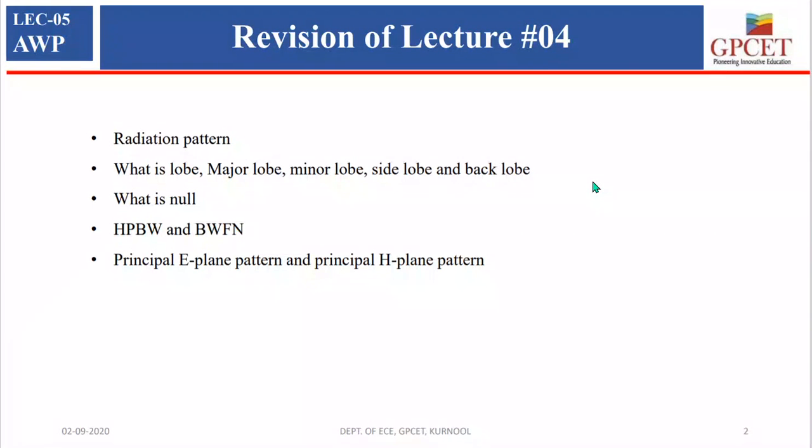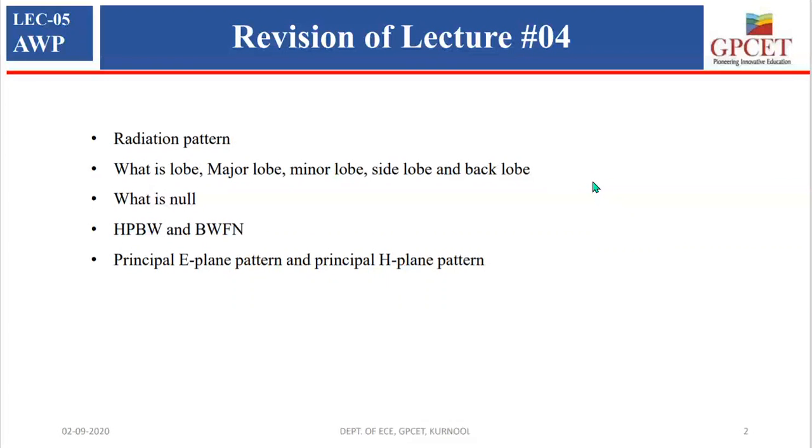Side lobe is the lobe which is adjacent to the major lobe. Side or beside, the side lobe is the one which is adjacent to the major lobe. Similarly, back lobe means the lobe which is in the direction opposite to that of the maximum radiation or main lobe direction.